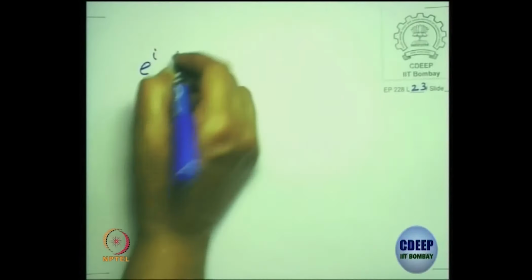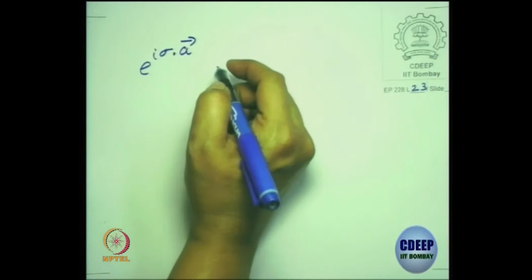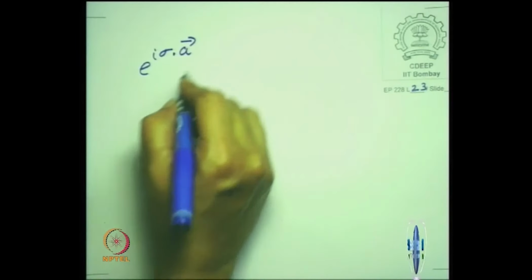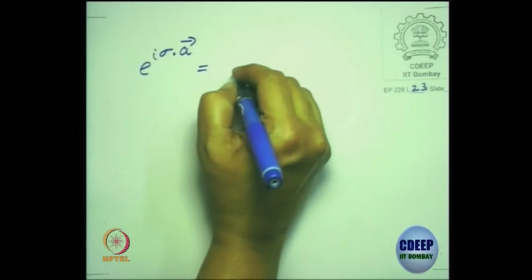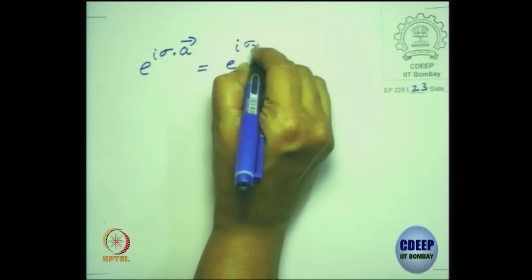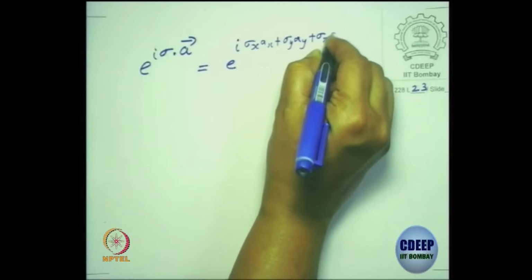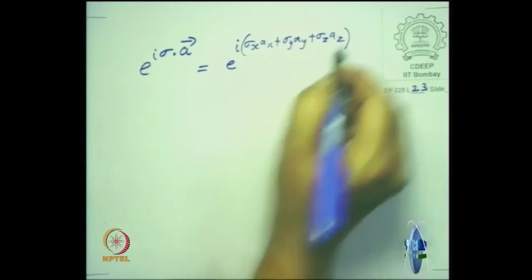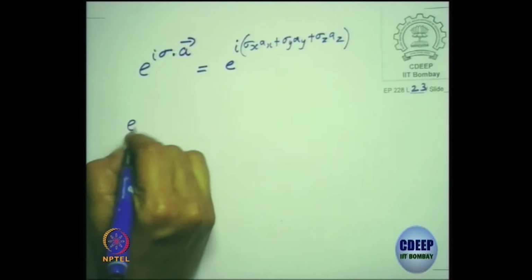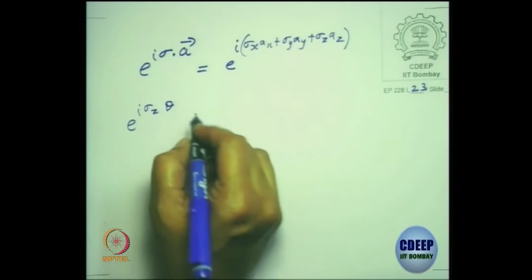So you can do various other things with these Pauli matrices. If I give e to the I sigma dot a vector, what is this? It is e to the I sigma x ax plus sigma y ay plus sigma z az. We did this e to the power of I sigma z times some theta. What did we get here?